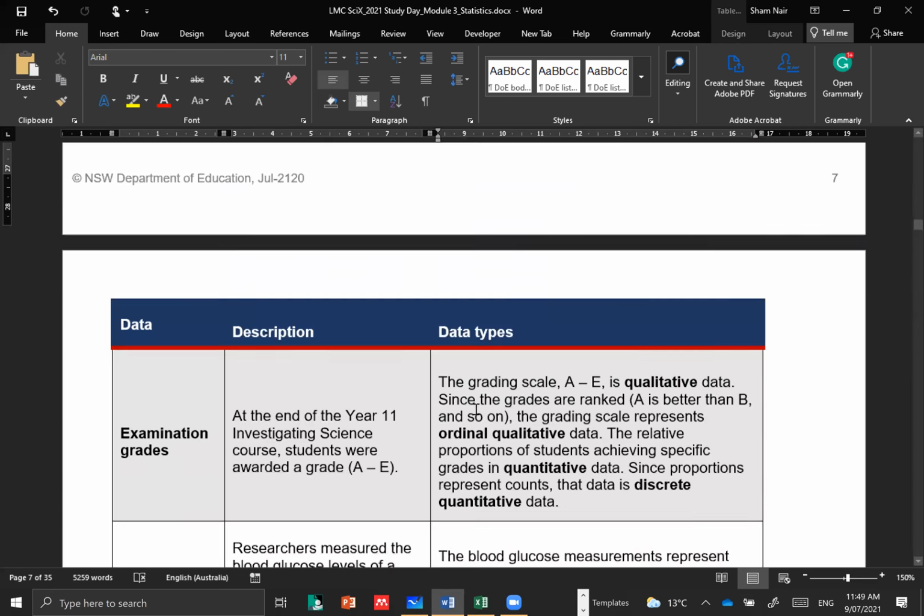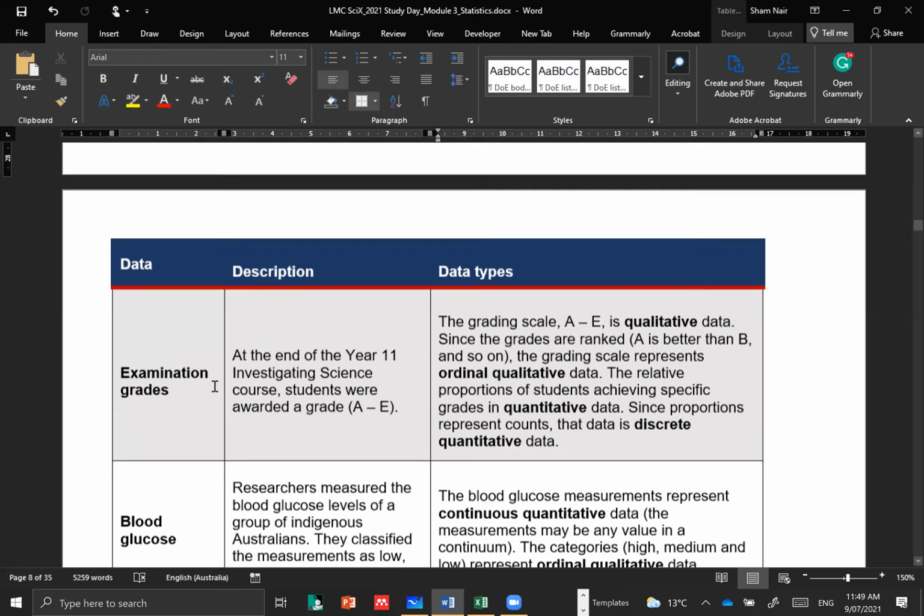I've given a couple of other examples as well. Again, a simple example is exam grades. At the end of year 11 in this IS course, students were awarded a grade A to E. Now, A to E is qualitative, but because there is a rank order to it, it's ordinal qualitative. As soon as you put in the proportions of students who received A, B, C, D, and so on, it becomes discrete quantitative.